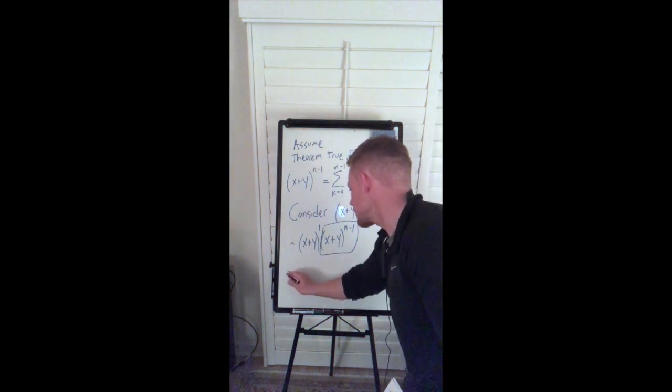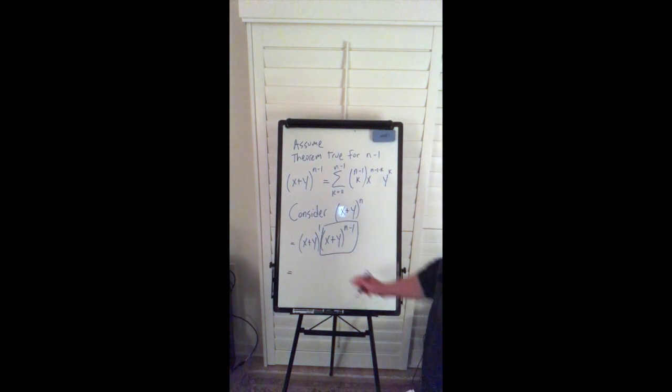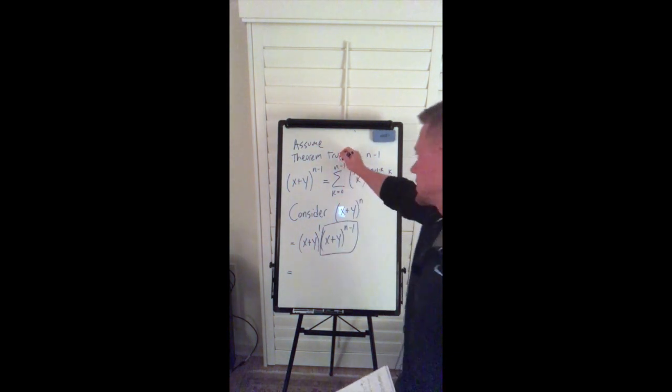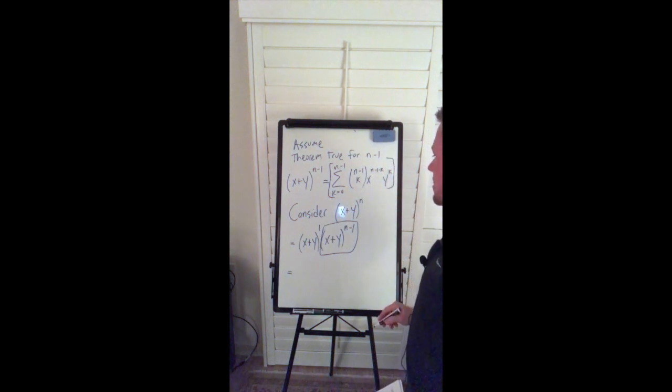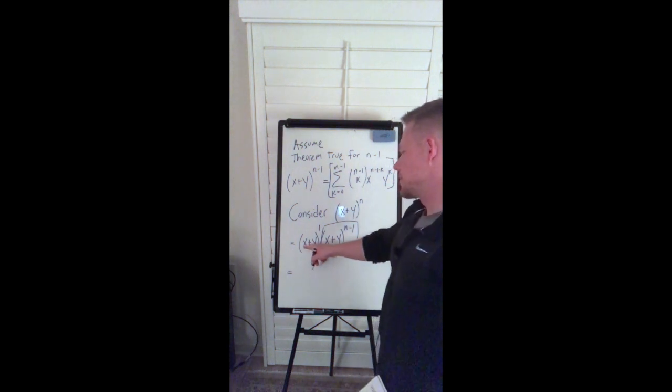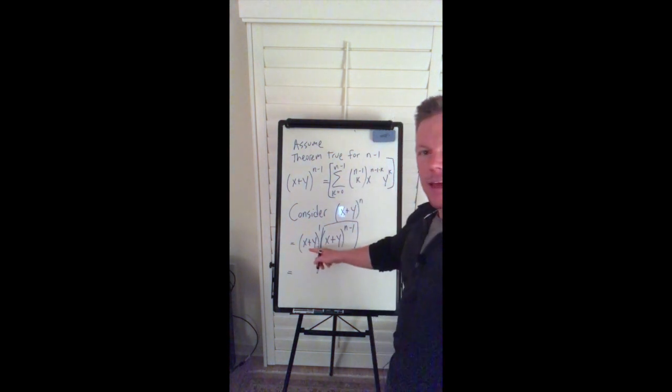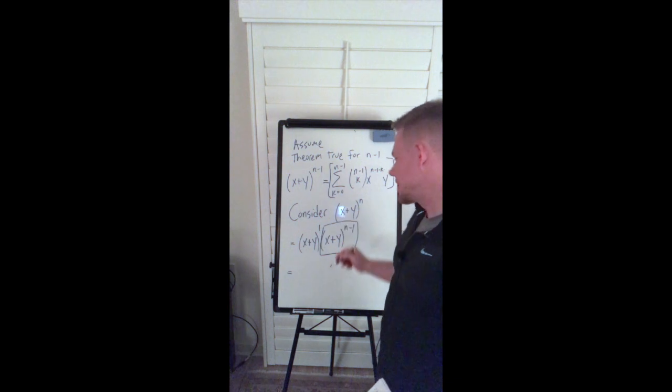So that is equal to x plus y times this piece. And actually what we're going to do is plug it in and multiply out, because we're going to multiply x times that and we're going to multiply y times that.